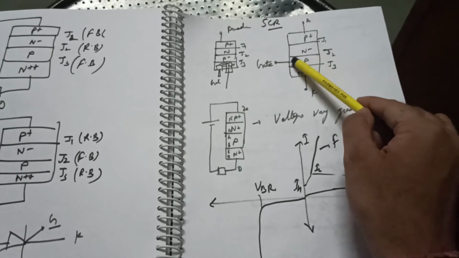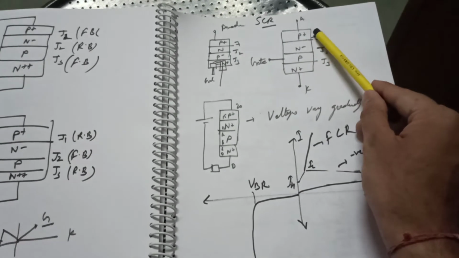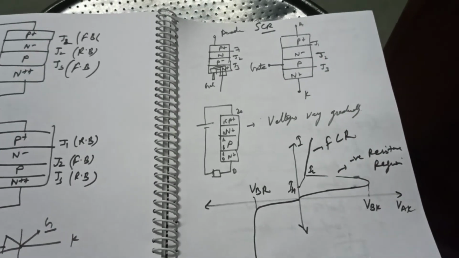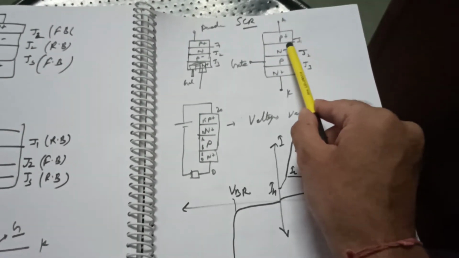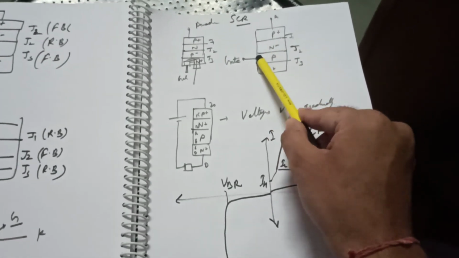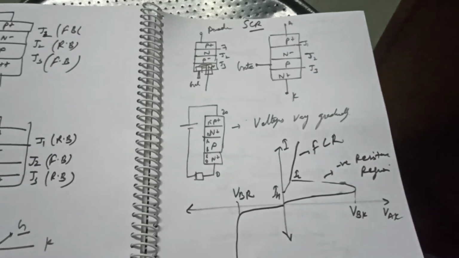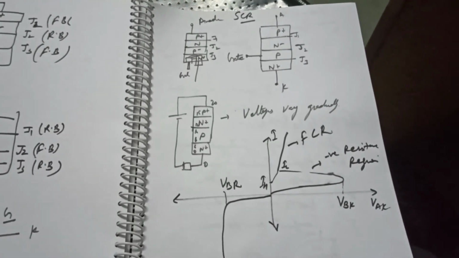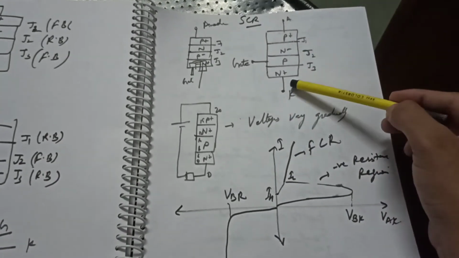Now when a forward bias is applied at the AK, junction J1 is forward biased and junction J3 is forward biased. Both PN junctions are forward biased. Only junction J2 is reverse biased, so this junction needs to be broken. The reverse bias nature of this junction needs to change, and it is changed by the inflow of these currents.